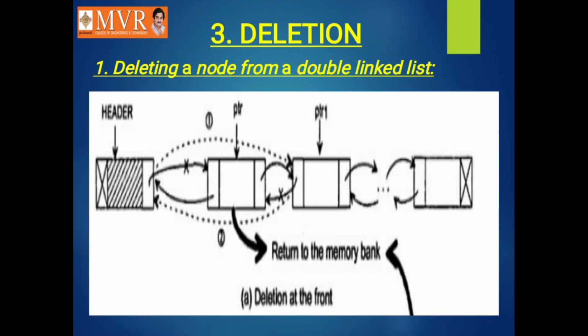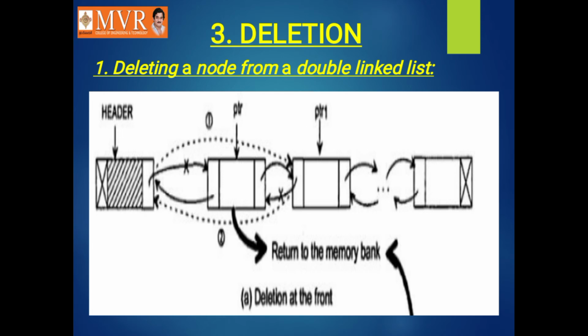Next, the deletion operation. As I have mentioned, in a single linked list there are three ways of deletion. Here also, in the double linked list, we have three ways of deleting a node. That is deletion at the front, that is removing the first node in the linked list, not the header node.